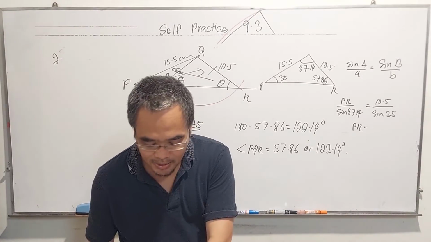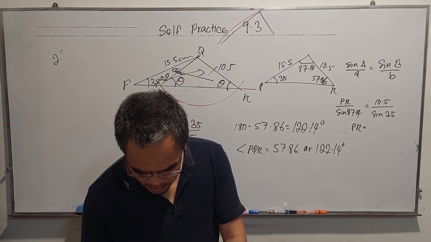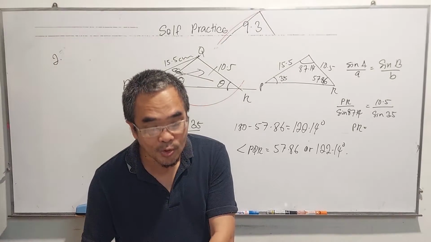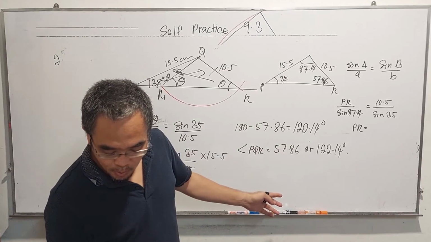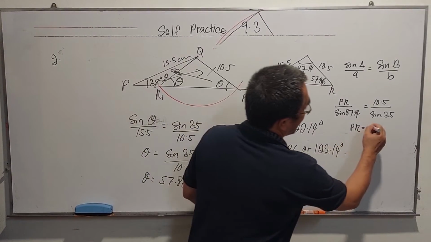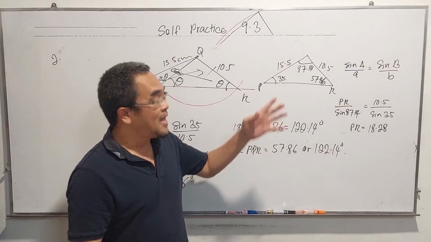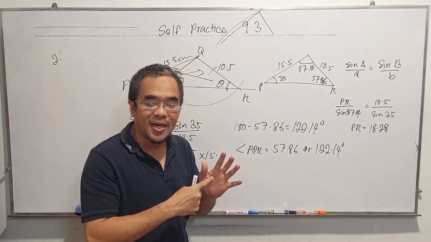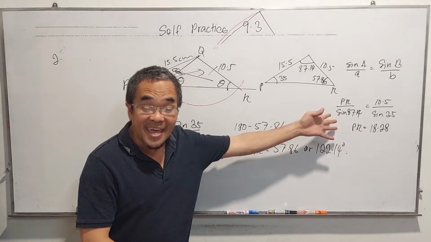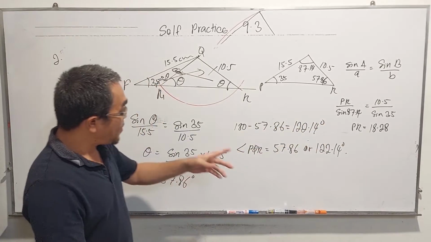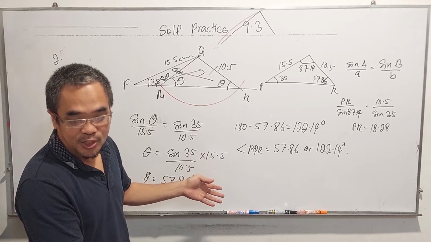Yes. Okay, so let me see whether the answer is correct. The answer is correct. So the length of PR will be 18.28. In this case, you don't have to press shift sine, because we are not talking about angle now. This is where we are talking about angle, then you need to press shift.